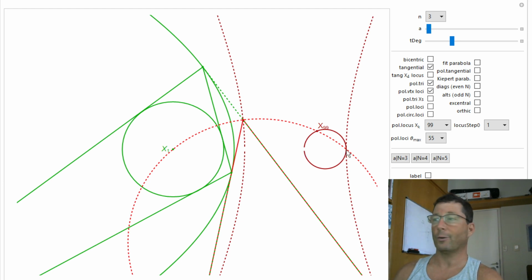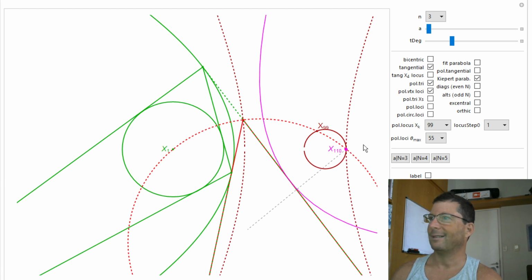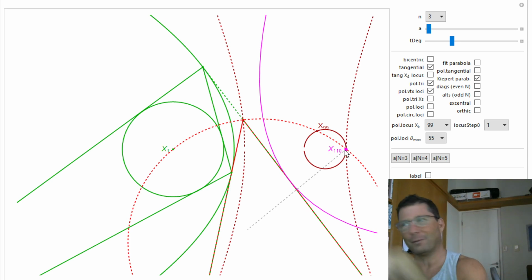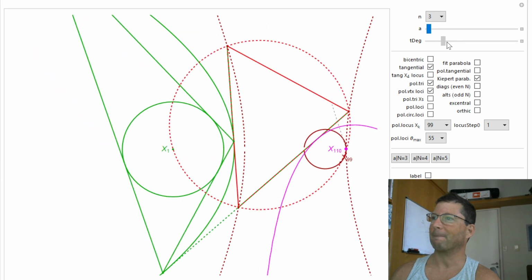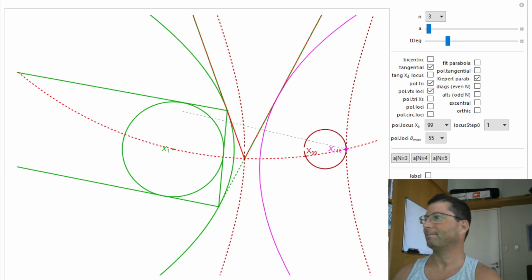You can see that the circle is tangent to that vertex, which is the focus of the Kiepert parabola. Let's bring back the Kiepert parabola. So the locus of X99 is tangent to the fixed focus of my moving set of Kiepert parabolas. Okay? All right.